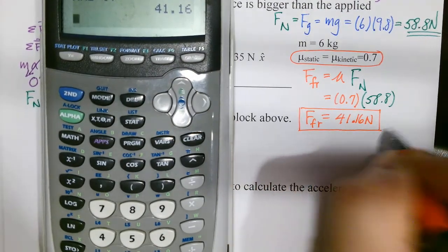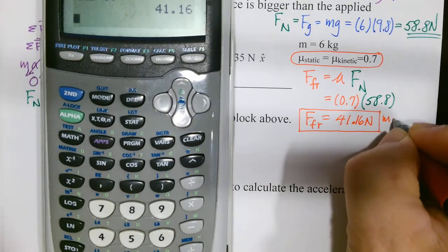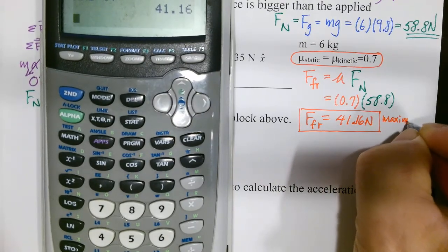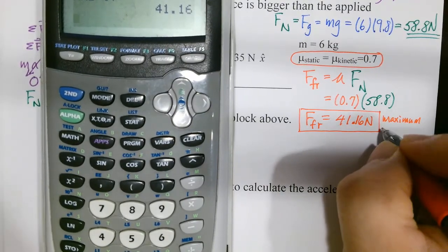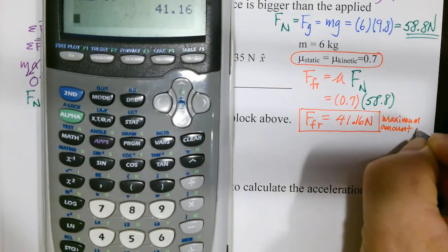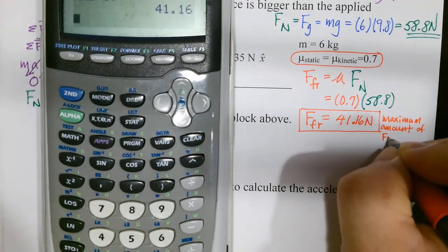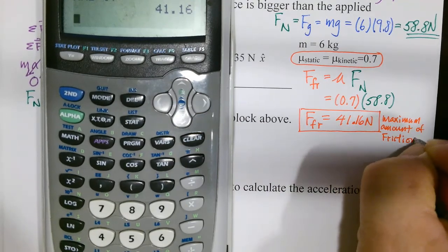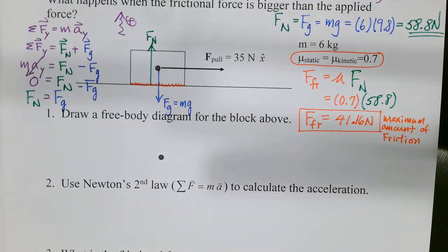That's my frictional value that is calculated. This is the maximum amount of friction the system can possess.